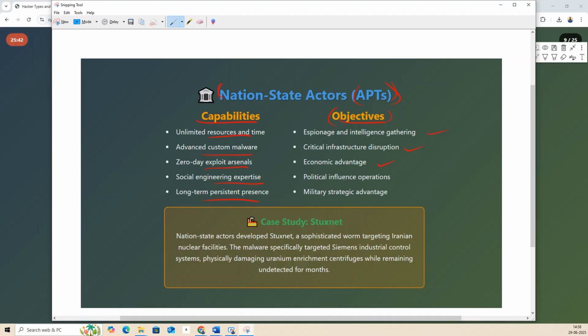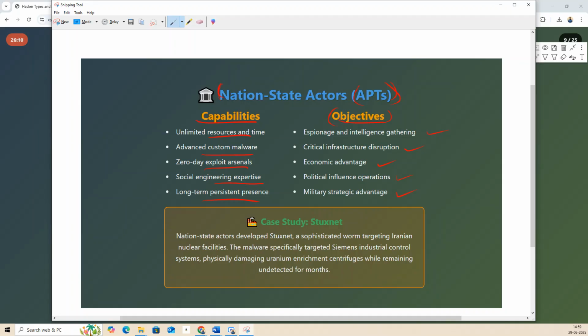Then economic advantage: stealing intellectual property, trade secrets, and sensitive financial information. Political influence operations: manipulating elections, spreading disinformation, and undermining democratic institutions. And military strategic advantage: preparing the digital battlefield for potential physical conflicts.